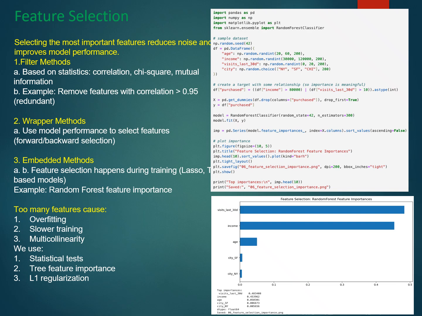Second, wrapper methods, which use model performance to select features. Third, embedded methods, where feature selection happens during training, like in lasso regression or tree-based models. Random forest feature importance is a common example of embedded feature selection. Feature selection improves model interpretability and efficiency.